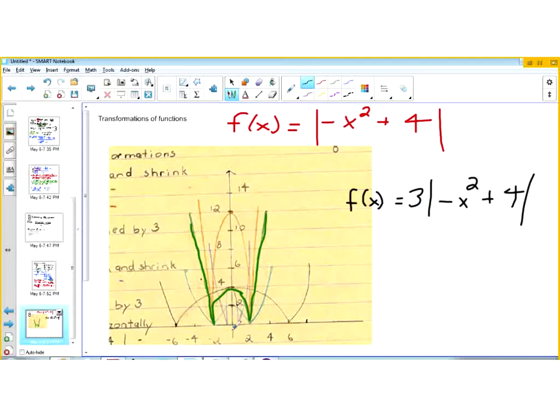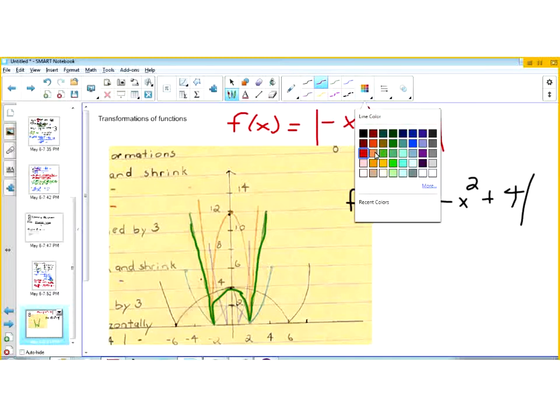So how does that affect the graph? Well, with this 3 multiplier, for the original values of x, the outputs now are multiplied by 3. And the effect is it's going to do a vertical stretch of the graph. So instead of the original point (0, 4), if we multiply 4 by 3, it's going to stretch it out to 12 in the vertical direction.